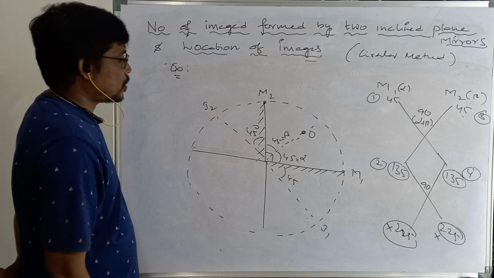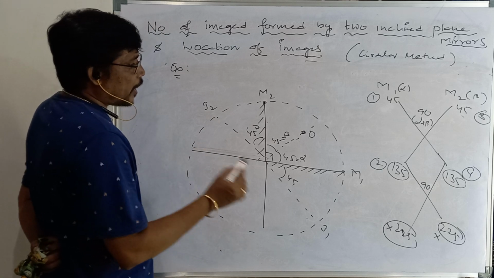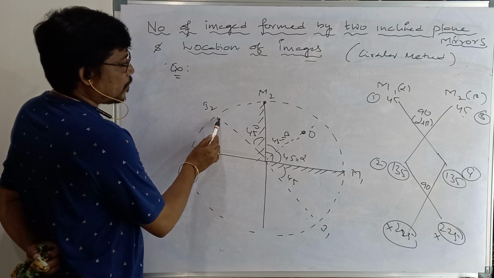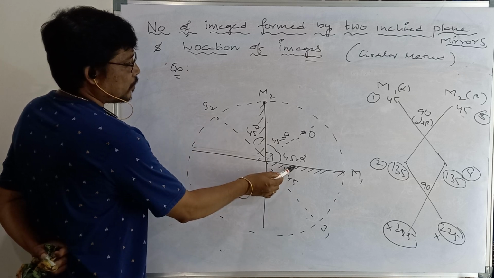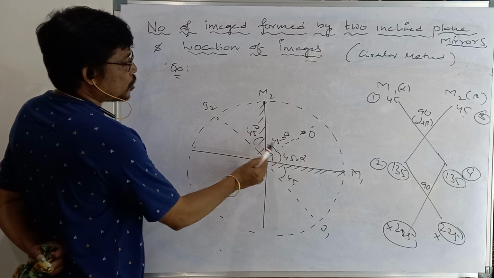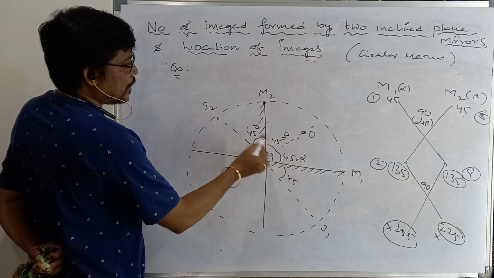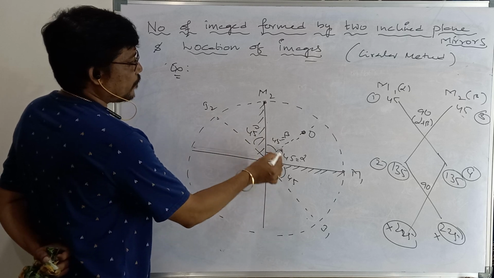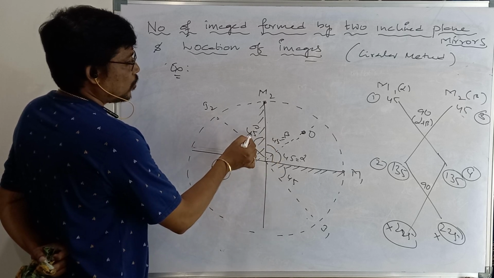Let us check in this case. Now see, I told you that the image will again act as an object for this mirror. Now what is the total angle? It is 135: 45, 45, 45.